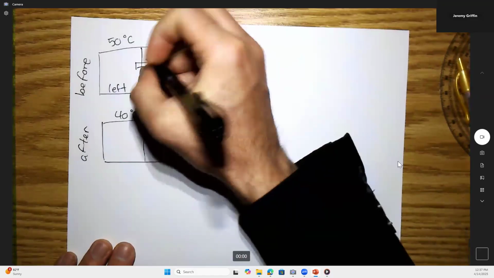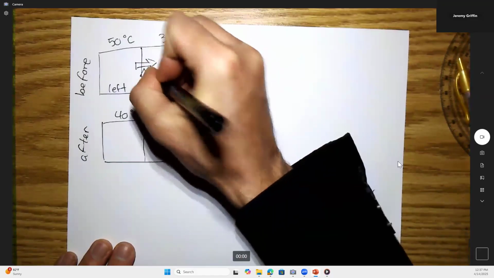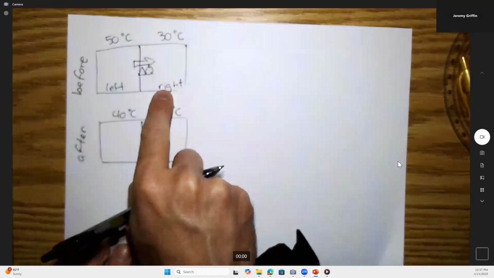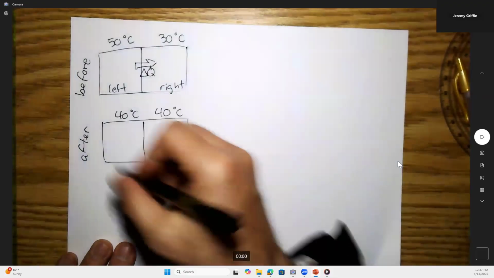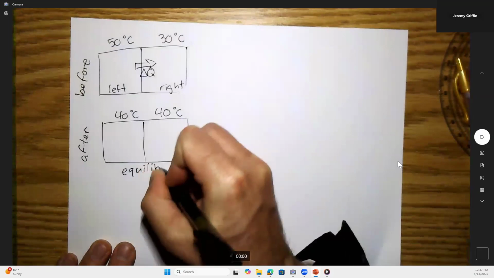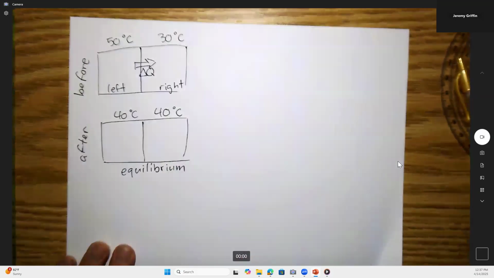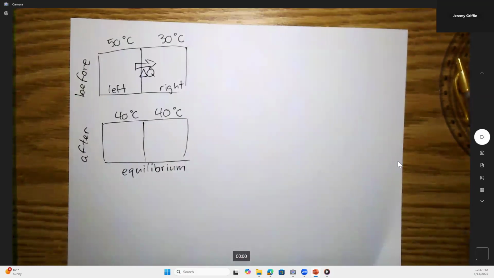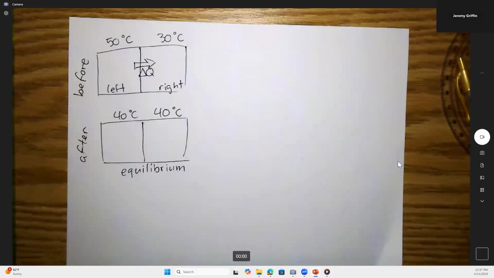Let's say there's a delta Q, a transfer of thermal energy from the hot to the cold. And then at this picture right here, these would be in thermal equilibrium. And then the process comes to a stop. Is that okay so far?